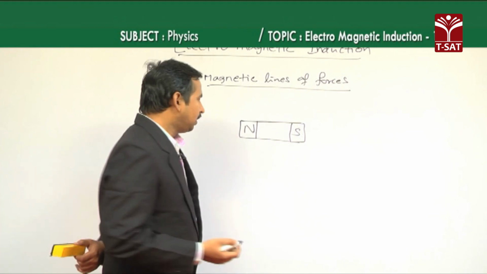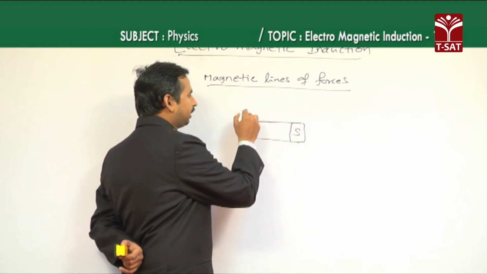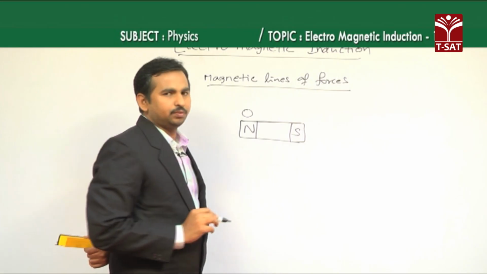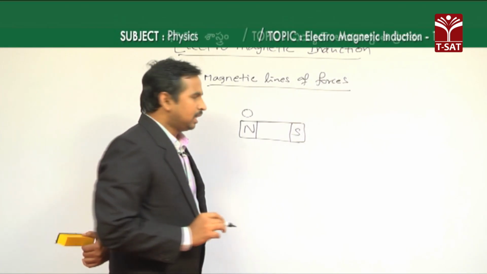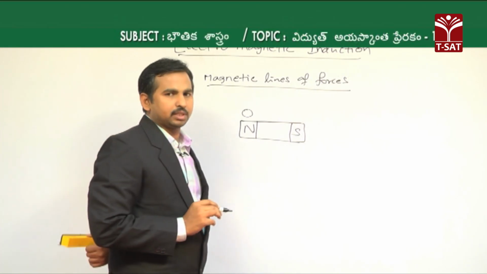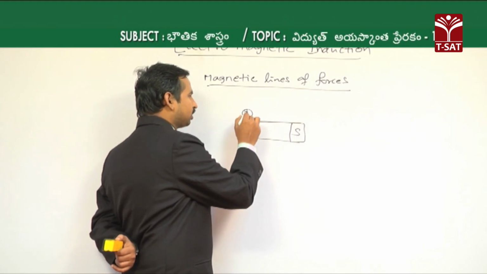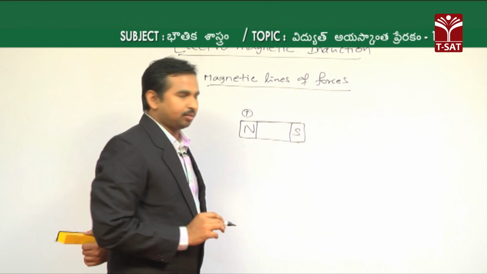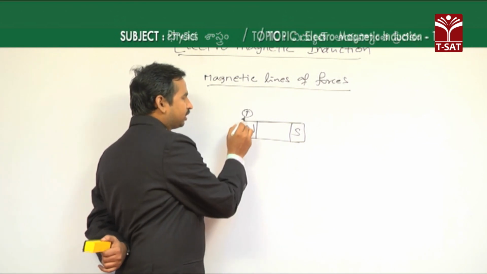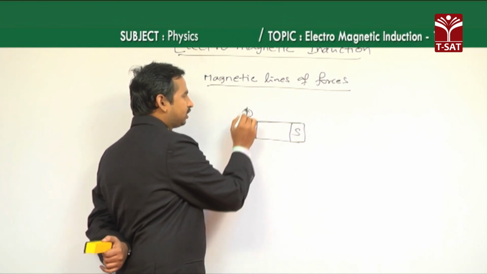When you place a magnetic compass at any position, let us suppose you keep it here, as we have a north pole present, the magnetic needle shows the direction, due to repulsion, upwards. It means the magnetic line of force direction at this position is upwards.